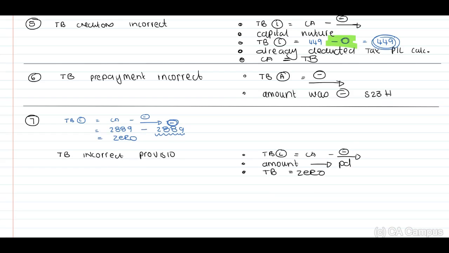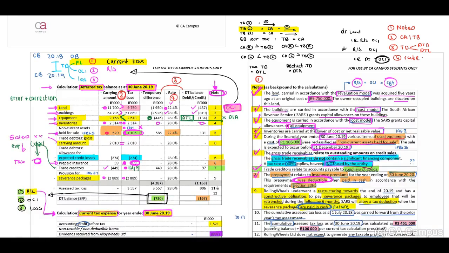And then when we look at the rate, guys, provided the rate is the 28%, I can't identify any error with that. So we have now read number 9, and let's just tick off number 9 to be able to move on. Right, next, note 10. The cumulative assessed tax loss as at 1 July 2018 was carried forward from the prior year's tax assessment.